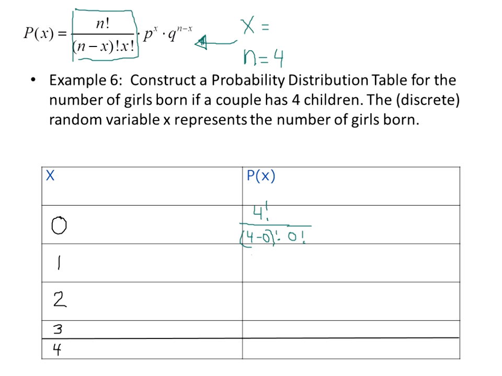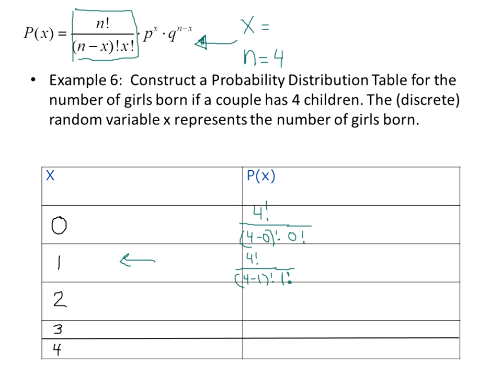So again, all I'm doing is putting everything in the formula. So now we have 4 factorial over n minus x, but x is 1 for this row. X is 1. So we have 4 minus 1 factorial, and that gets divided by x factorial, that's 1 factorial.